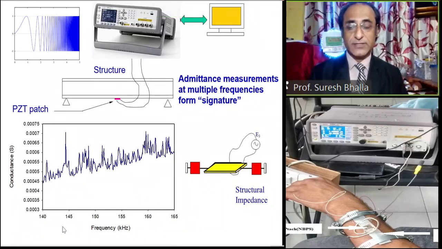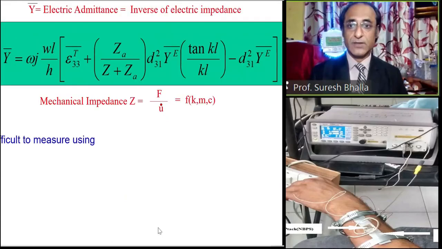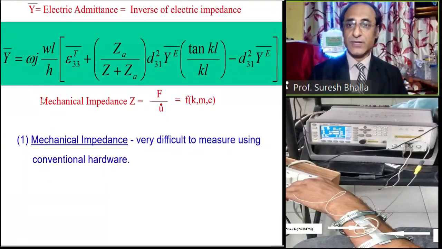It is something like the frequency response function, a common term in the field of experimental modal analysis. This is the governing equation, where Z is the mechanical impedance of the structure. This is a mechanical term, but it is connected to the electrical output in the form of admittance.